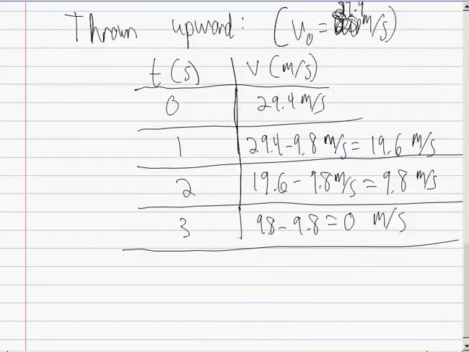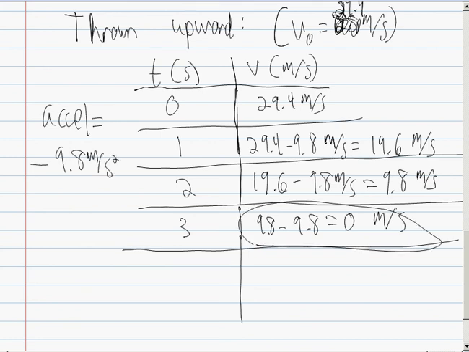Now, I want to point out that my acceleration is always negative 9.8 meters per second squared. Even right here, I'm just transitioning between heading upward and heading downward. This is the maximum height, because it's the last place that I have a positive velocity. This is the turning point between positive velocity and negative velocity.